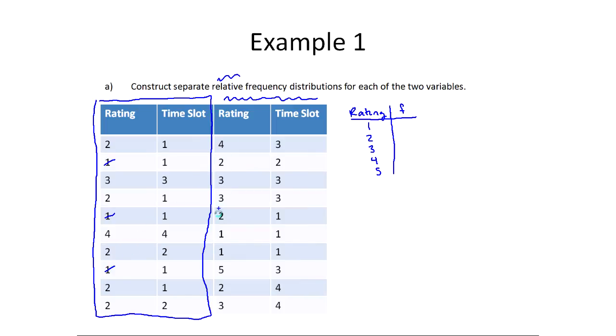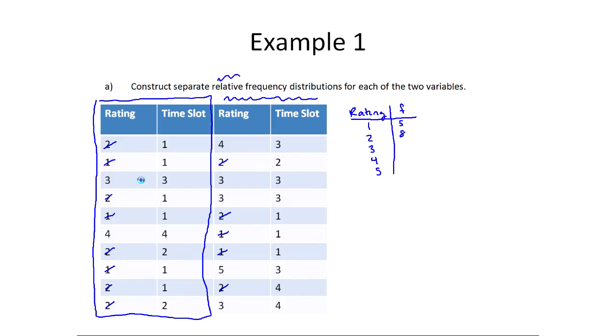So for example, for 1, when I go through and see, okay, I see 1, 2, 3, 4, 5 ratings of 1. So that's the frequency. Remember, frequency is just count. Okay, ratings of 2. 1, 2, 3, 4, 5, 6, 7, 8. So I see 8 ratings of 2.